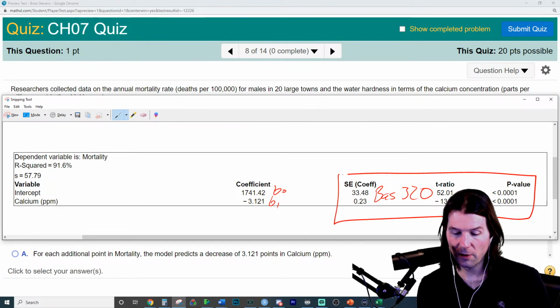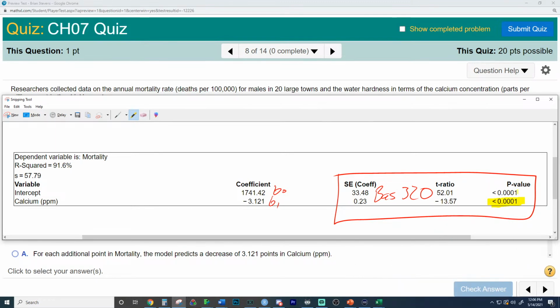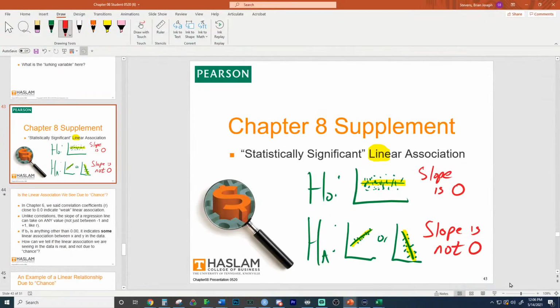So if you're wondering what these other things are, we do talk about this in Stat 201. This tells us that the slope is not equal to what? That value that I've highlighted is how we have good evidence that the slope is not what? Good review of today.